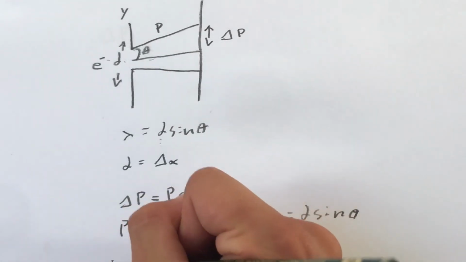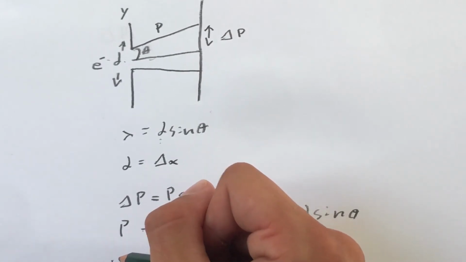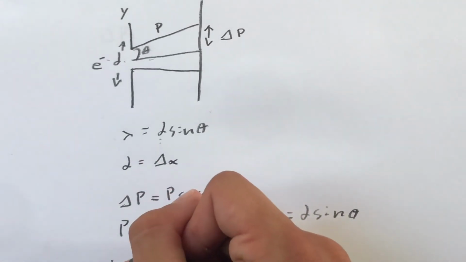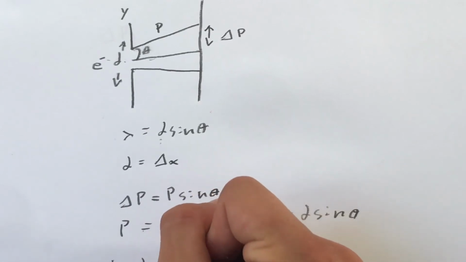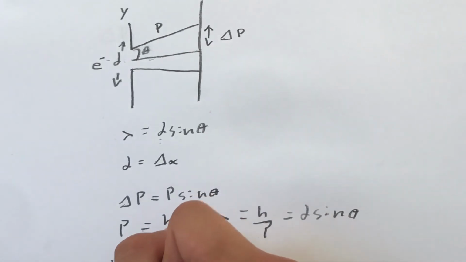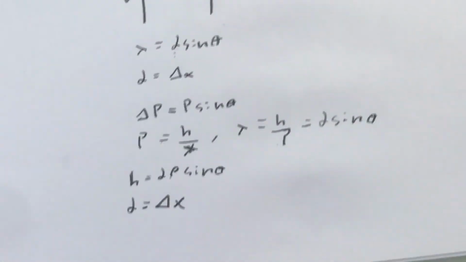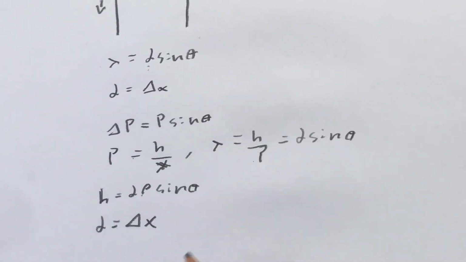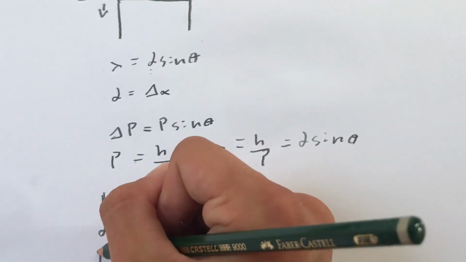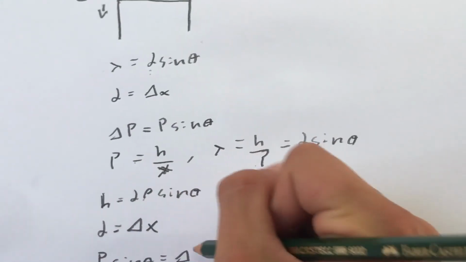And we know now that by deriving this equation further, you know that h, by multiplying in p, is simply then d times momentum times sine theta. And we know that d equals delta x. Let me just bring that down for you. We know that d equals delta x. We also know that p sine theta equals delta p.